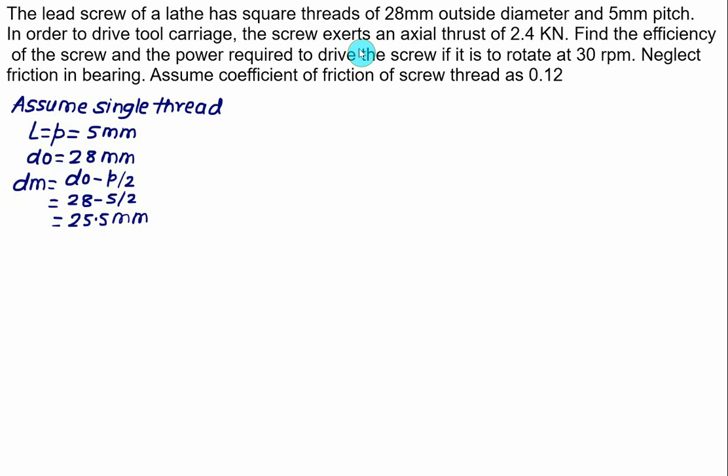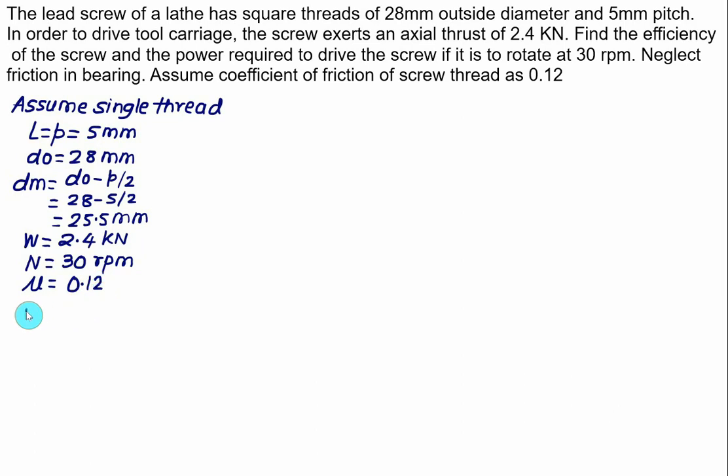The screw exerts an axial thrust that we take as W equal to 2.4 kilonewton. Rotational speed N is given as 30 rpm and the coefficient of friction, only the value of mu you have to consider, is equal to 0.12.